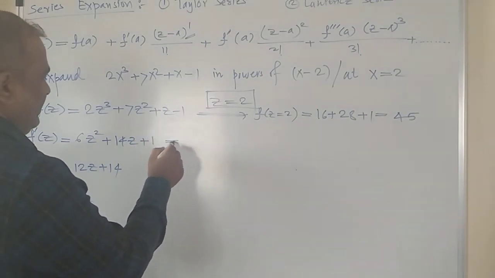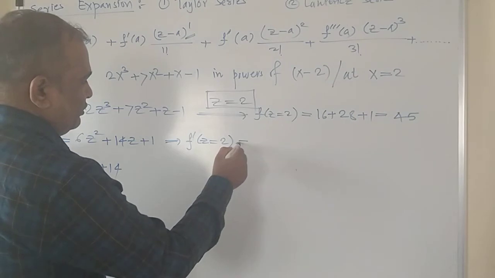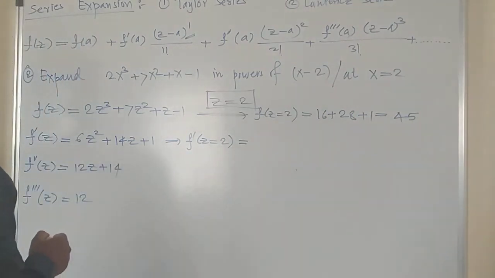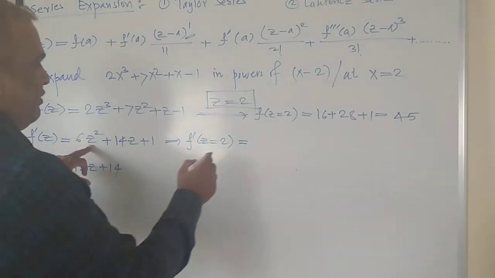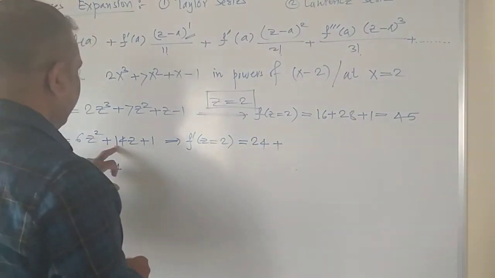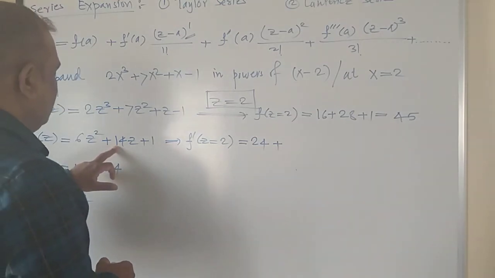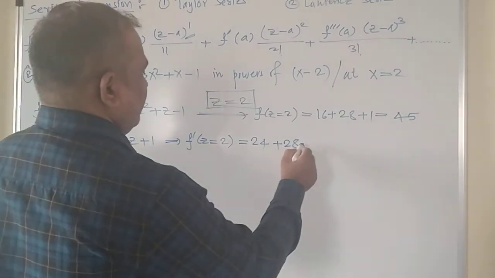Similarly, here also f dash of z at z equals 2 is equal to 6z squared. 6 into 4 is 24, plus 14z, that means 14 into 2 is 28, plus 1.